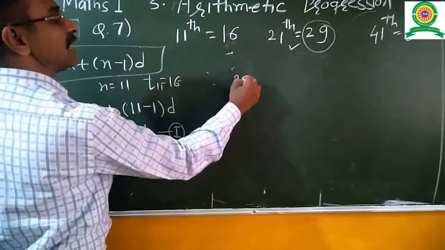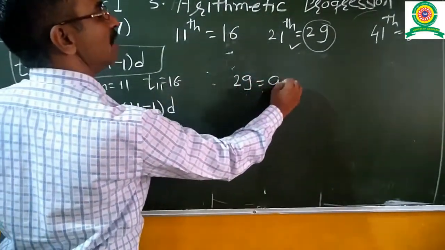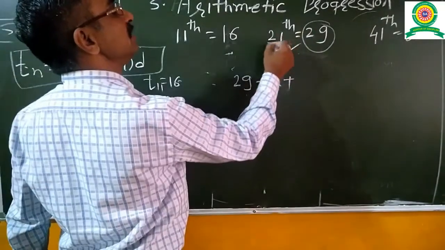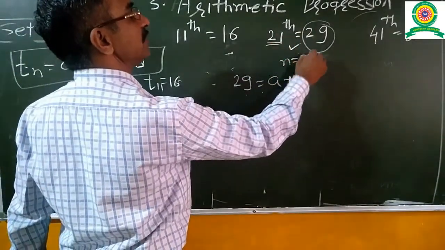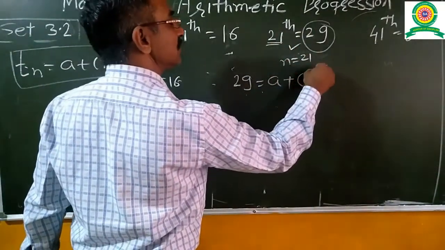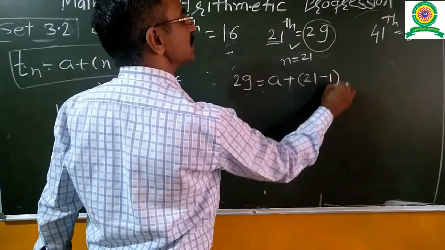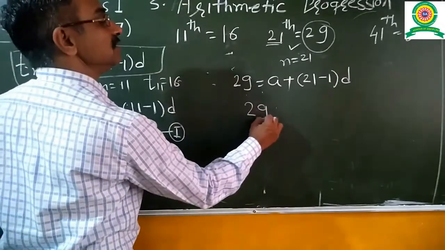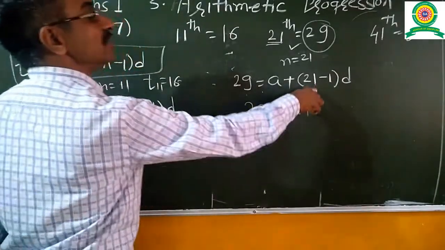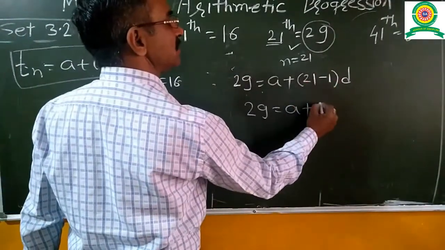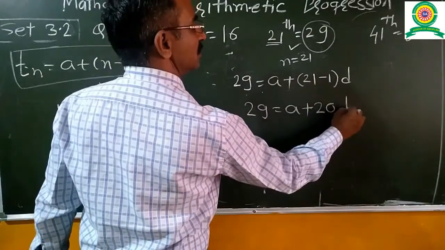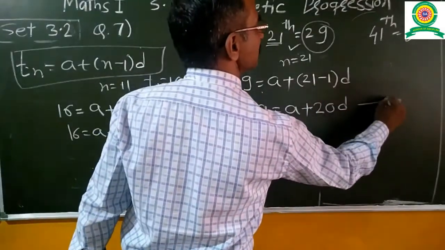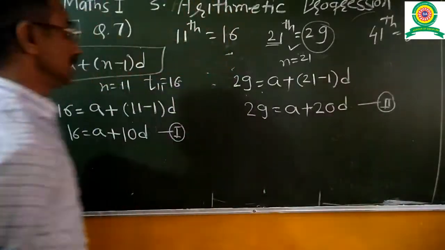So 29 is equal to A plus, what is the value of n here? 21. So n minus 1 means 21 minus 1. We do not know the value of D. Again 29 is equal to A plus (21 minus 1), 20D. So we get the second simultaneous equation here.